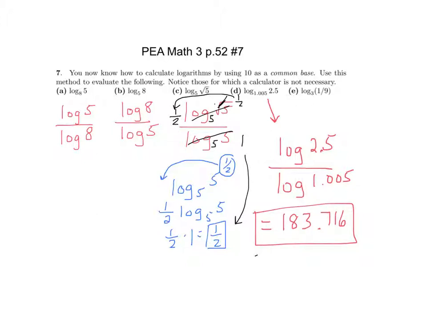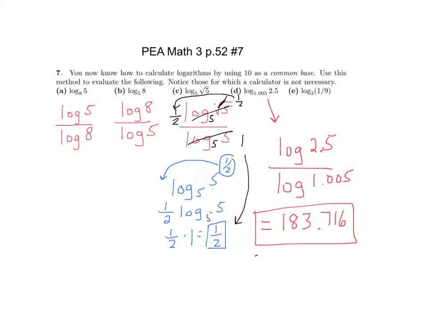Usually when I get a number that big, I also check the initial problem and see if it makes sense. Because 1.005 to what power is 2.5 is going to be a pretty big number, since 1 squared is 1. So this squared is just barely bigger than 1. So in order to get that to 2.5, you have to use this huge power, which makes sense.